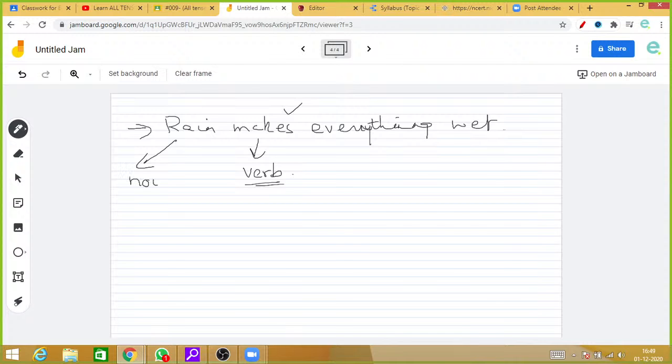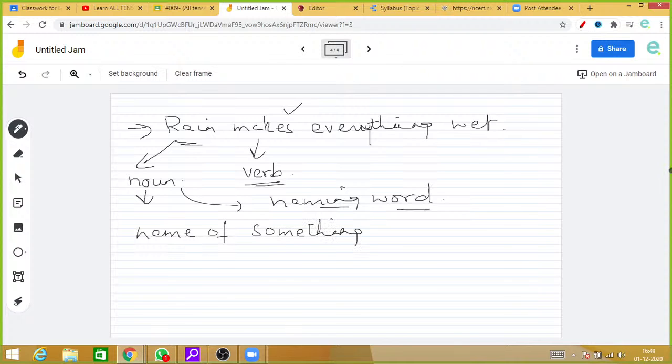Why, Ritvik? Why is it noun? What is a noun? Noun is a naming word, right? Both of you know this. It is a naming word, right? So rain is the name of something, right?